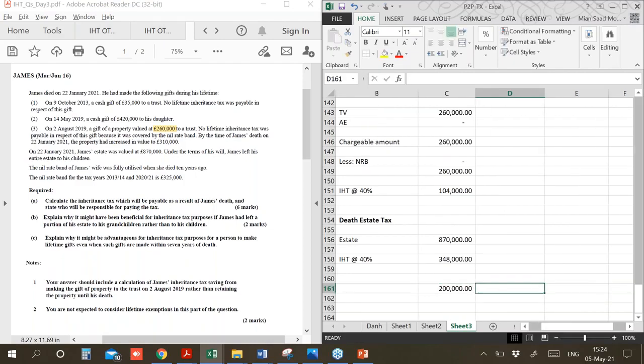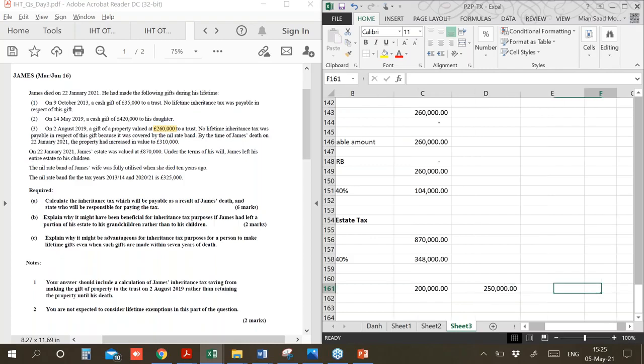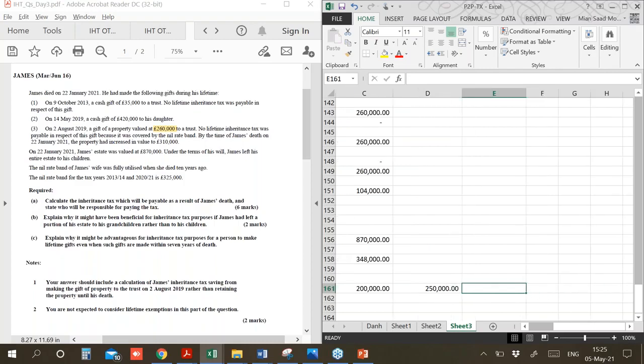Then after 7 years, in 2018, he made another transfer worth 250,000. He's still alive, obviously, that's why he has made the transfer. Now in 2020, without making any transfer, that person dies. Now you tell me, when we'll be standing at his death, will that transfer be chargeable because 7 years has elapsed? The answer is no.